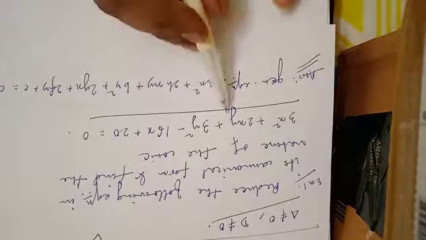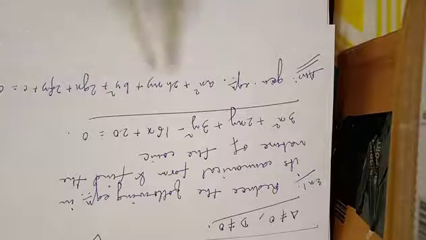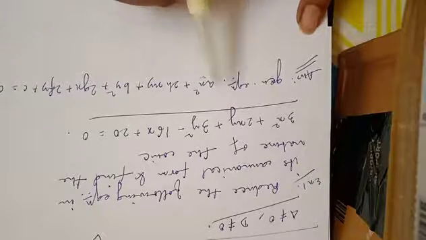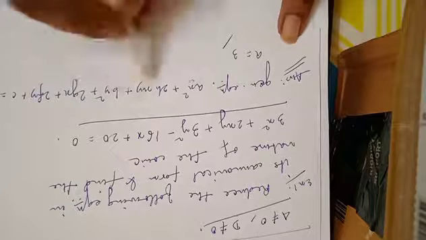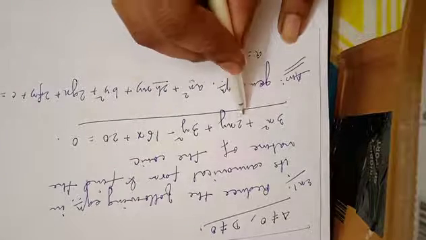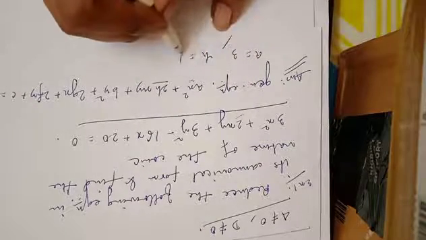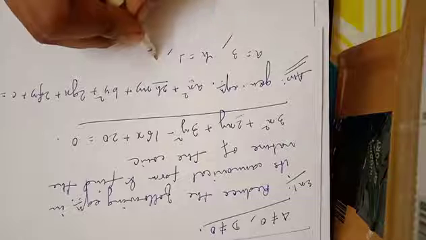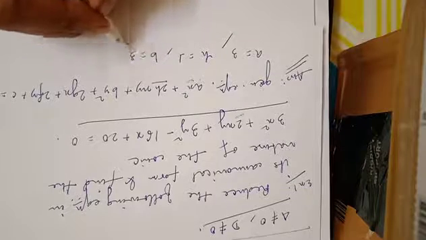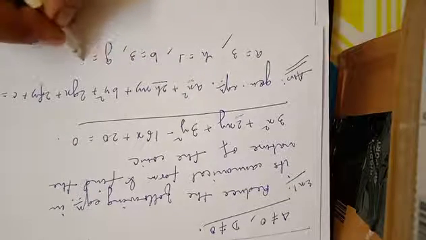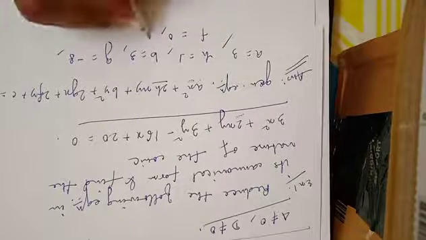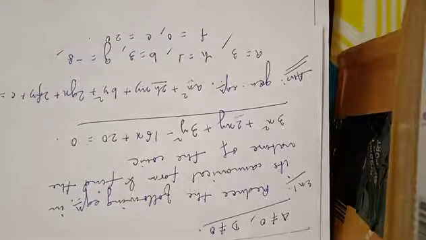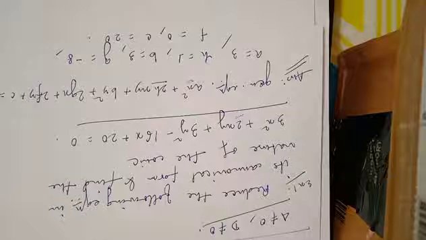Okay, now if you compare all the coefficients, x square's coefficient is a and here it is 3. So a equals to 3. Then xy's coefficient is 2h, here it is 2. So h must be 1. Similarly, b is equal to 3, g is minus 8, f is 0 and c is 20. Okay, so we got total 6 constants.